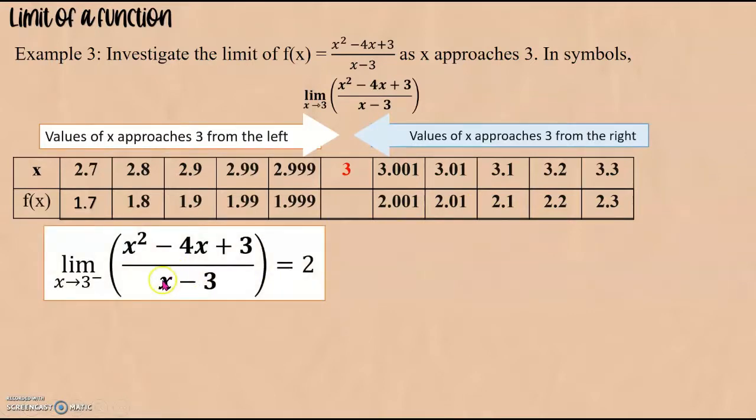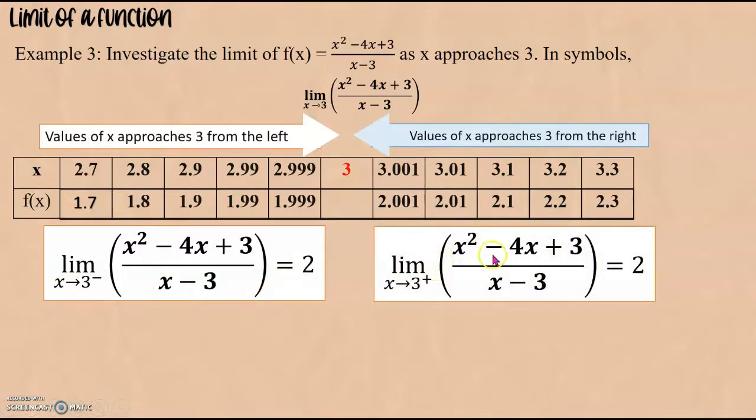So we can say that the limit of x squared minus 4x plus 3 all over x minus 3 as x approaches 3 from the left is equal to 2. And the limit as x approaches 3 from the right is equal to 2.